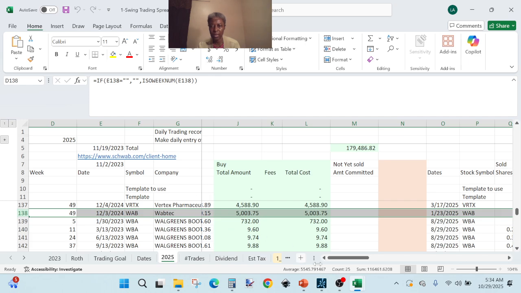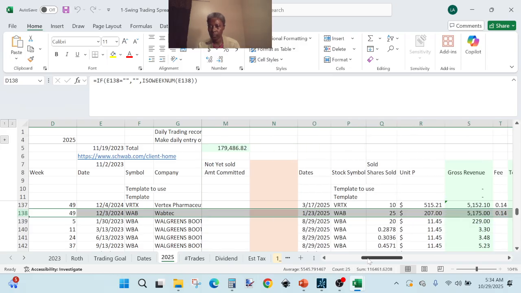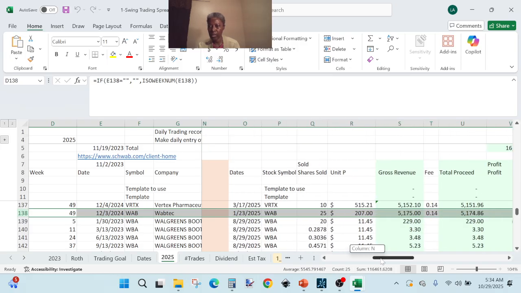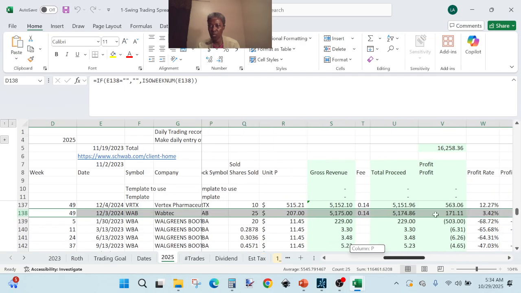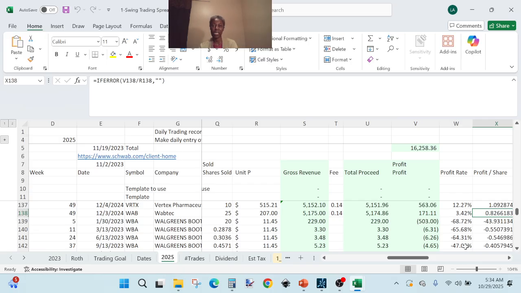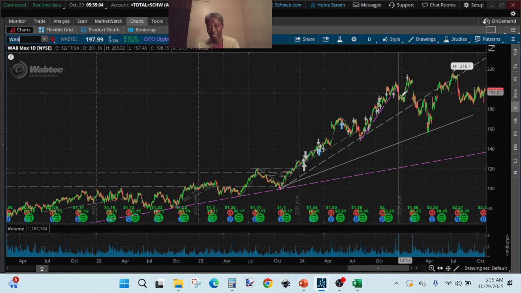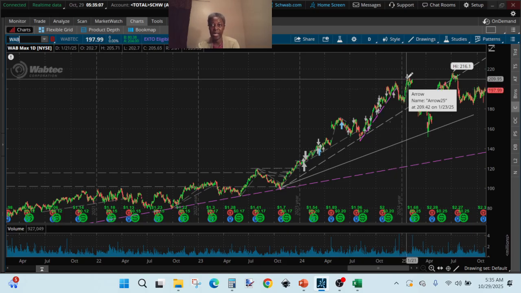Yeah, and we made, let's see, we made $171 profit on that total. And I think it's saying that our profit per share was about 82 cents a share. But again, that is a profit nonetheless. We didn't rush in to sell it at a loss, you know, to cut our losses. We just kept it and we sold it somewhere.